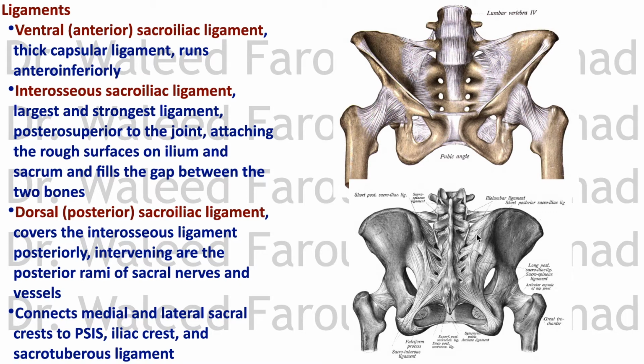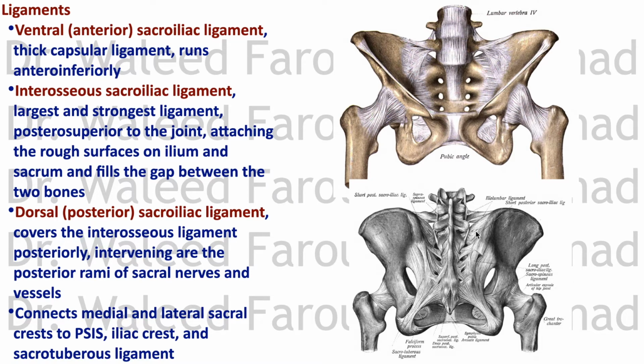And in between the dorsal sacroiliac ligament and the ventral sacroiliac ligament, the gap between the ilium and sacrum, the rough areas on the ilium and the sacrum, is filled up with a very tough ligament, one of the strongest in the body.